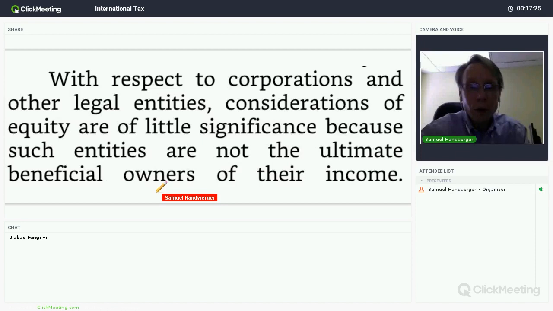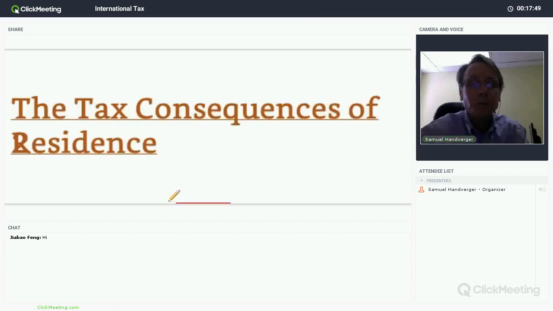So if you're there, there's a tendency amongst countries to feel that the income is sourced there, and income sourced there, even if the corporation is not a resident, should be taxed. And whether that's fair or not is not part of the consideration because it's the shareholders that are the ultimate beneficiaries of that income.